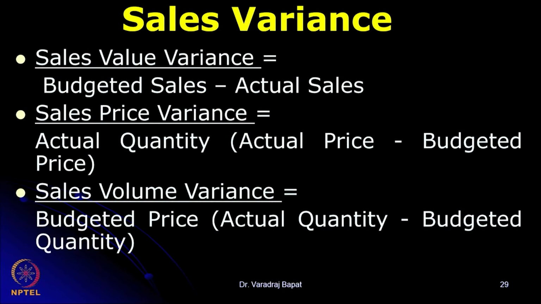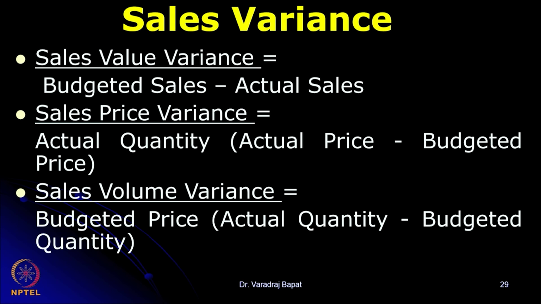Now these are the formulas, again very similar to material variances. The total one is known as sales value variance. This is budgeted sales minus actual sales. Then sales price variance, which is the comparison of prices, that is actual price minus budgeted price into actual quantity.